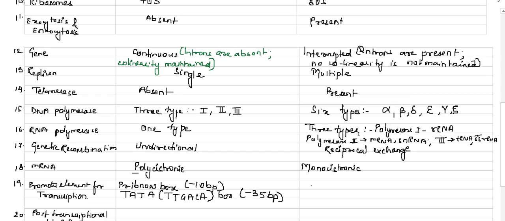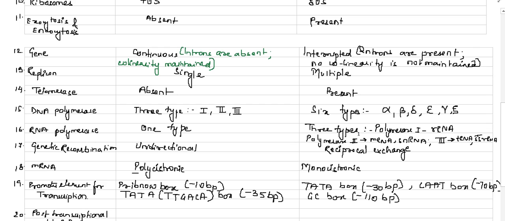What about eukaryotes? Eukaryotes also have the TATA box, which is at minus 30 base pair. Another is the CAAT box, which is located at minus 70 base pair. Also, they have the GC box, which is at minus 110 base pair.